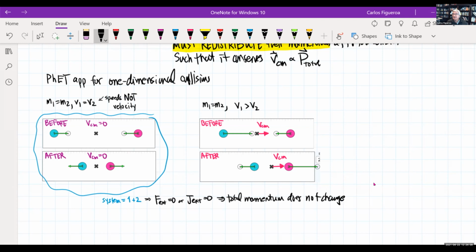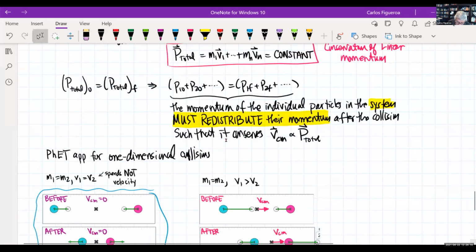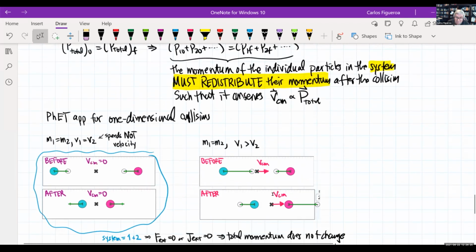And if it doesn't change, then they must redistribute their momentums. They must change their speeds or their momentum values, mass times velocity, in order to conserve V center of mass. That is a powerful statement.